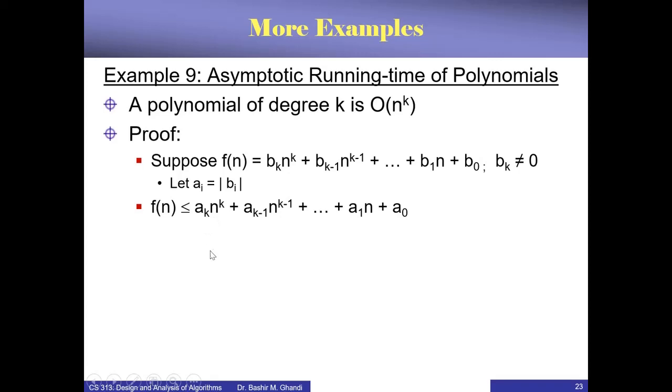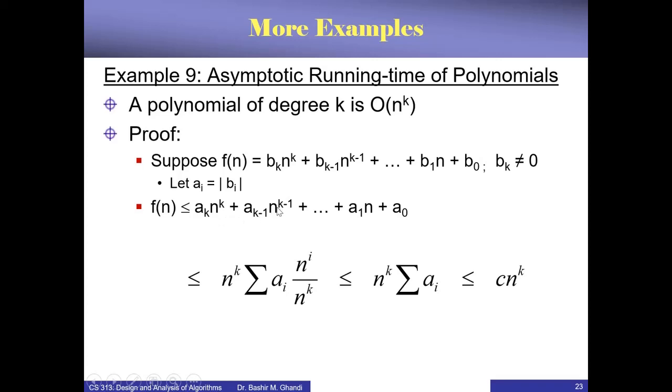Obviously, we will have an expression that is even bigger than what we have here, right? Good. So that's what we are saying here. If we do that, then what we have will be less than or equal to n to power k times the summation of just the constants. This is similar to what we were doing with those simple examples.